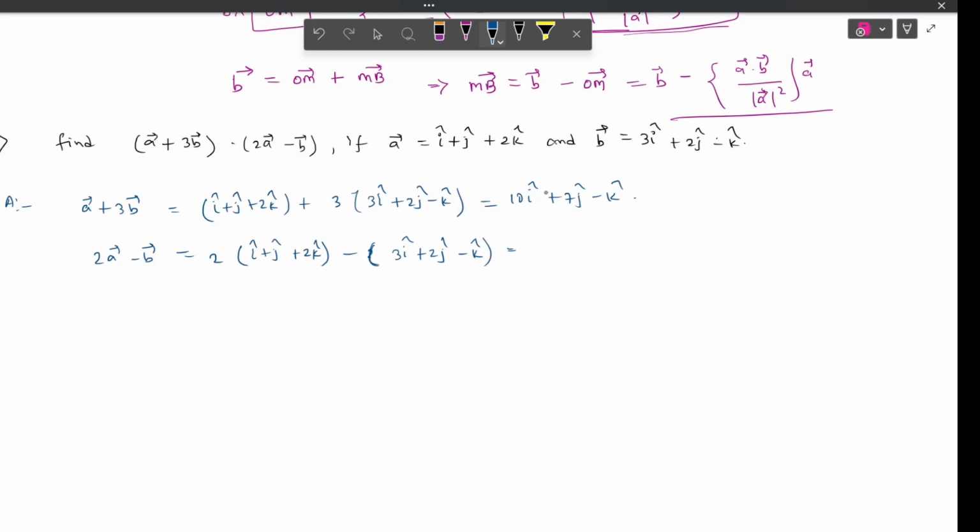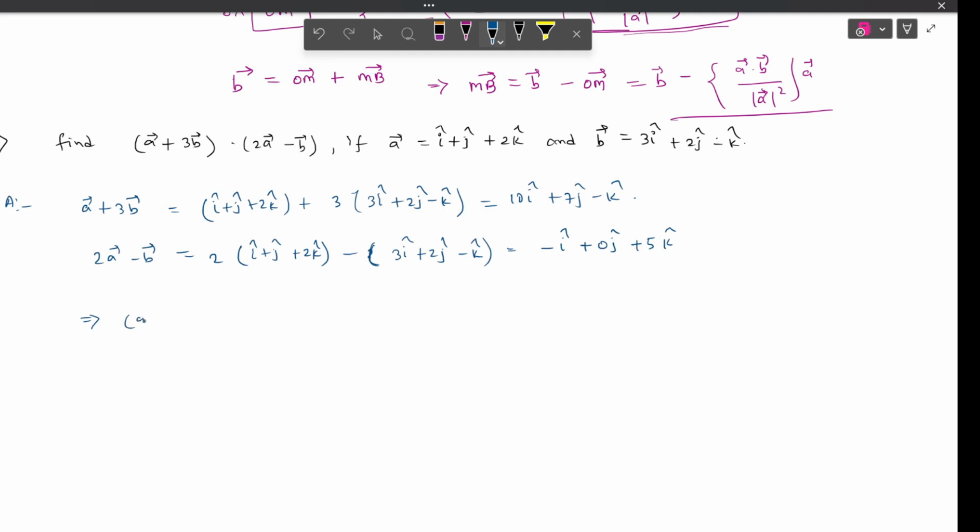If you find out, you will get 2i cap minus 3i cap, that is minus i cap, 2j cap minus 2j cap, that is 0 j cap, and 4k cap plus k cap, you will get plus 5k cap. They need the dot product.